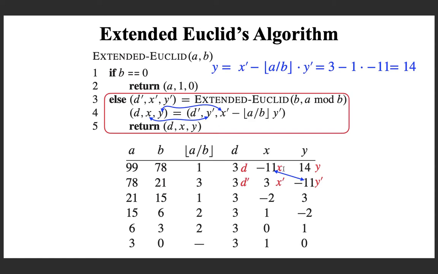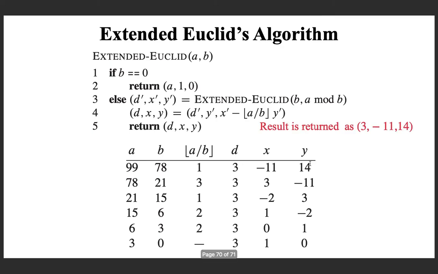X is nothing but y prime, yes, minus 11, and now substituting the values of x prime, which is 3, quotient of dividing a by b as 1 multiplied by y prime, minus 11. If you solve it, 3 minus 1 into minus 11 is 3 plus 11, which is 14, and that is why you obtained y as 14.